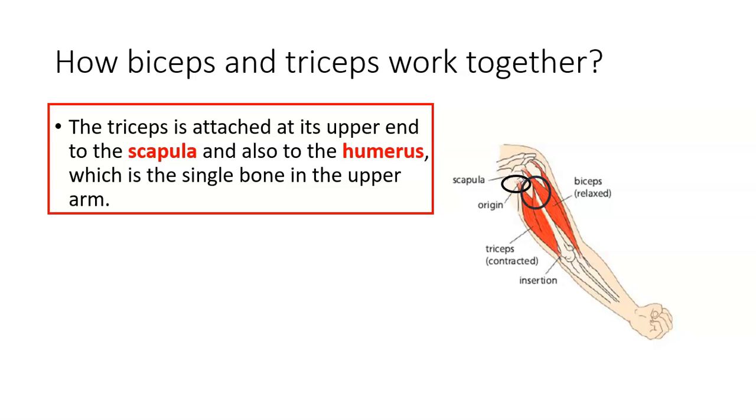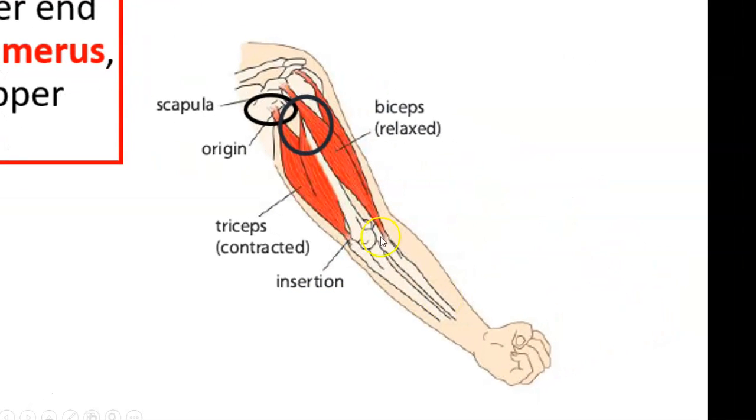After bicep, then you should know how is the attachment of the tricep. You already knew that triceps is here, which is in the under part or in the back side of the forearm. The triceps also will attach to scapula. So biceps also is attaching to the scapula, but triceps as well.